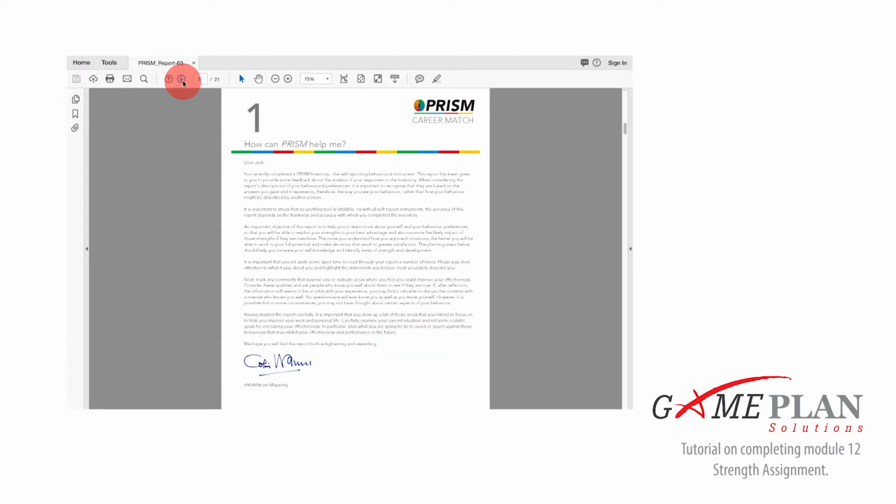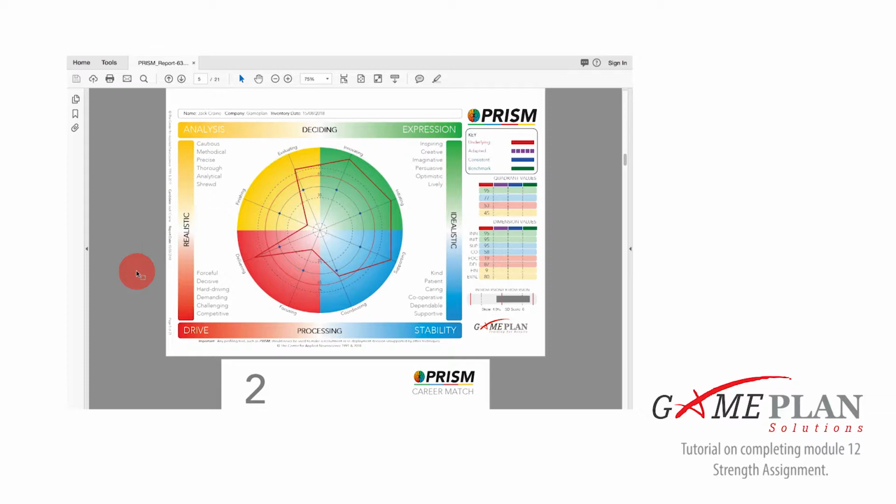So let's go straight down to page number 5, and here we can see the graphical representation of your Prism brain map. A little bit of explanation about that is that firstly you'll notice it's broken down into 4 quadrants, the gold, green, blue and red quadrants, and around the circumference of the circle you have 8 words.